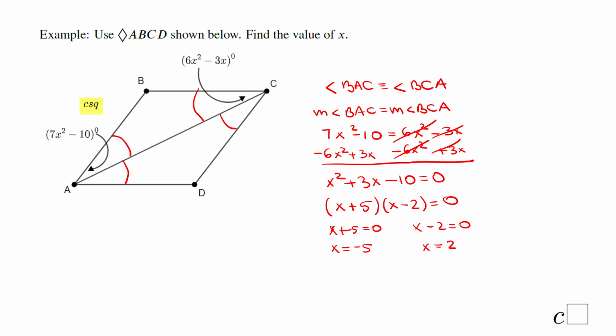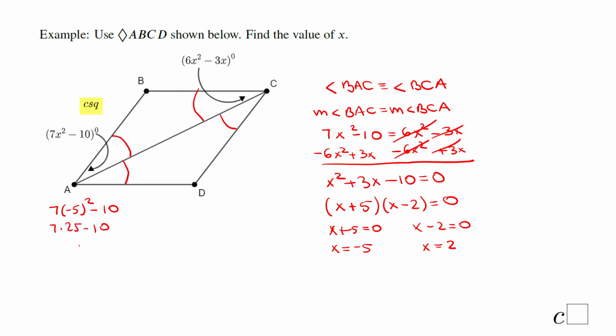Now, it's very important to check, maybe not both of them are good values in our case. So how am I going to do that? I will take each value and plug it in, and I'm going to do that here. 7 times negative 5 squared minus 10. That will be 7 times 25 minus 10.